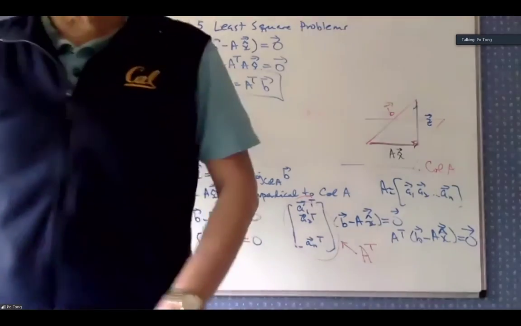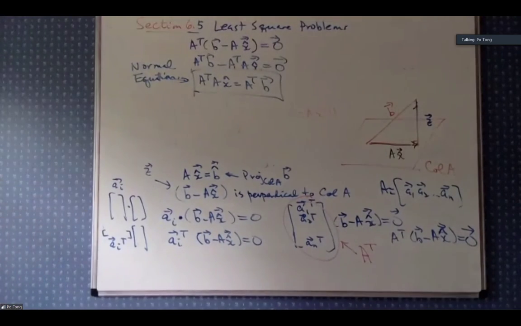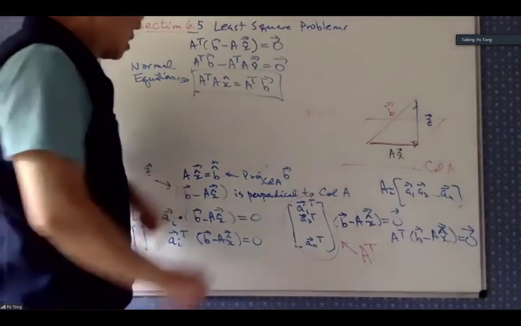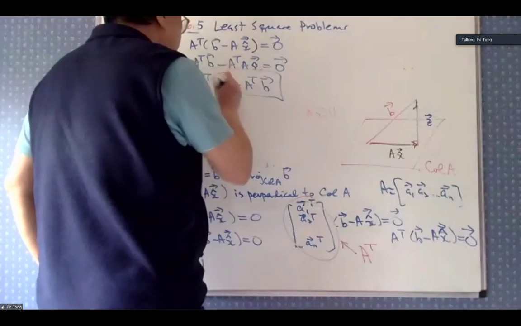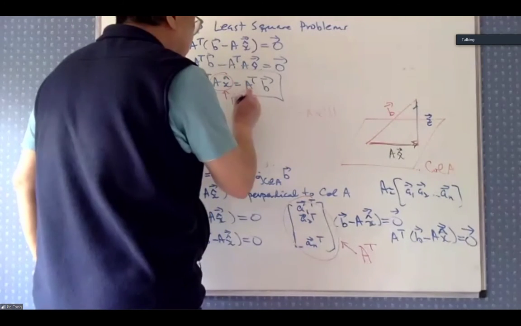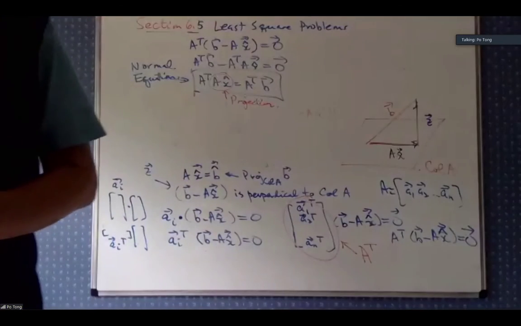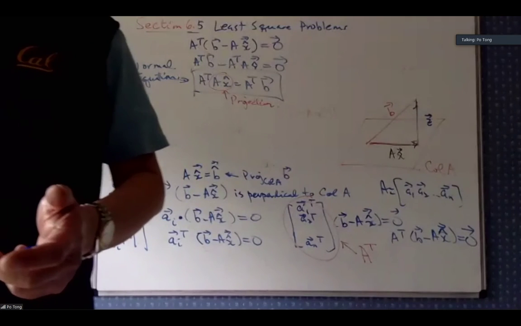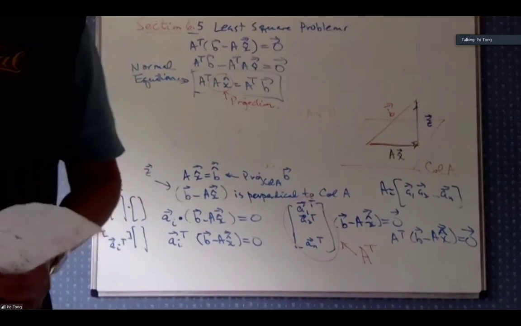This will provide you a very fast way to find your projection, because AX hat is the projection. If you do it this way, it's a lot faster and you don't have to do the Gram-Schmidt process.